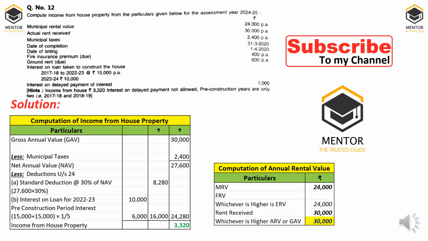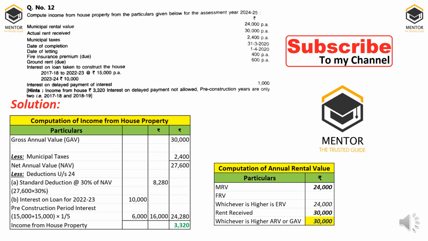That is 6,000 each. In 5 years it should be deducted, from 19-20, 20-21, 21-22, 22-23, and 23-24. So 23-24 would be the last year for deduction. So 6,000 is the pre-construction period interest we have to deduct.